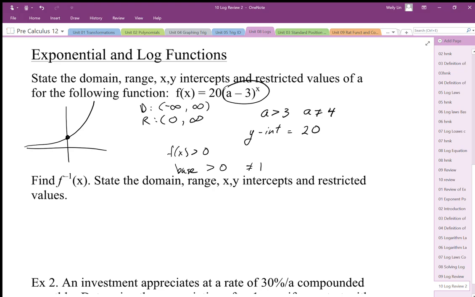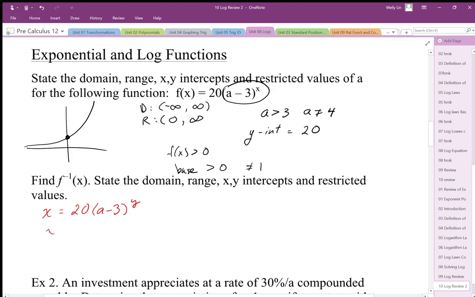Find the inverse. Inverse means we switch the x and y. Okay, so for the inverse, I'm going to take that same function, and I'm just going to switch the x and y. Now what's implied is I want to solve for y. So I'm going to solve for y by putting it into log form.